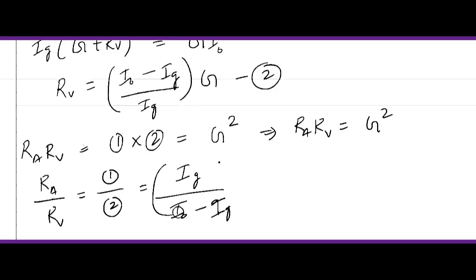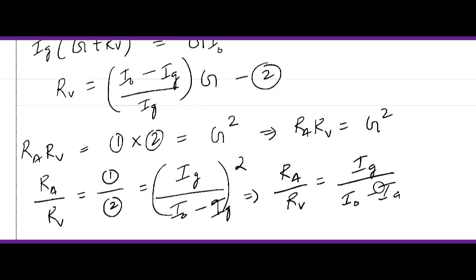Both will get multiplied with itself. Therefore Ra upon Rv is equal to Ig upon (I0 minus Ig) the whole square.